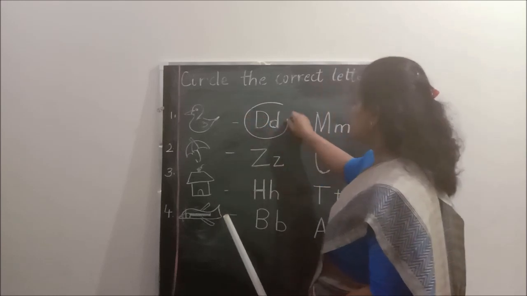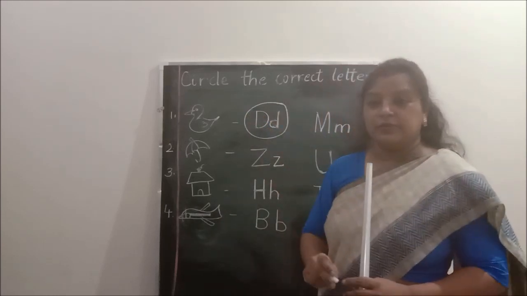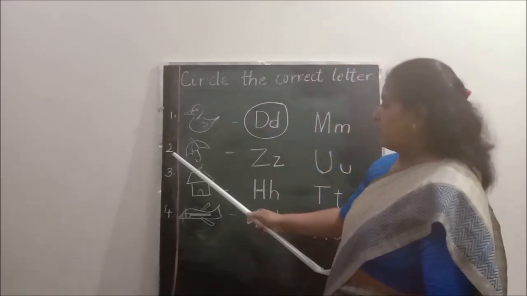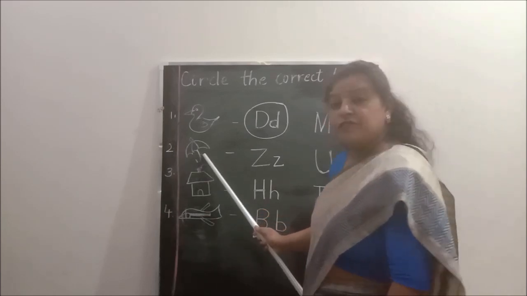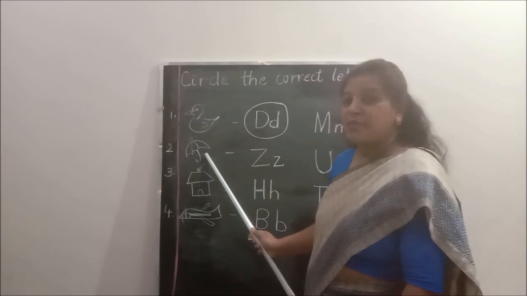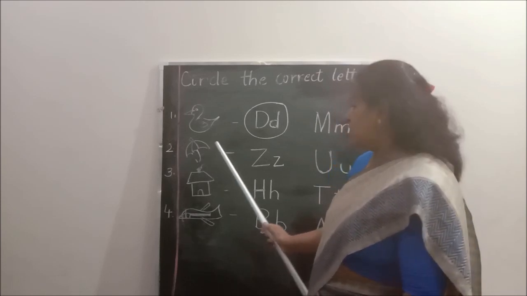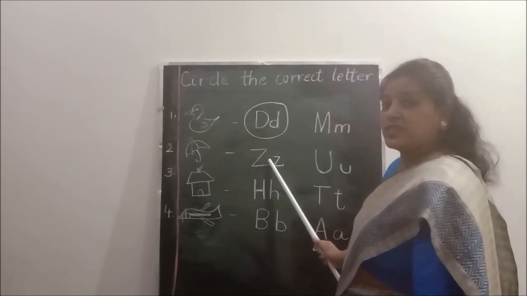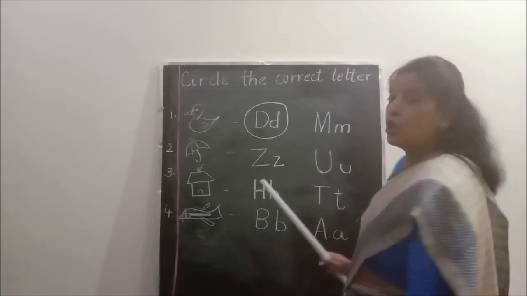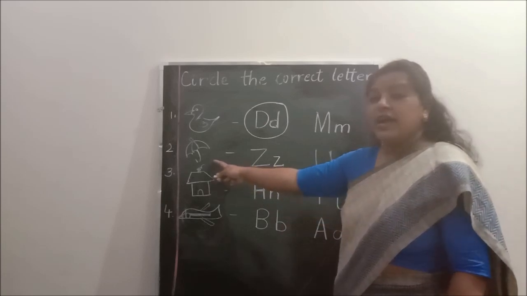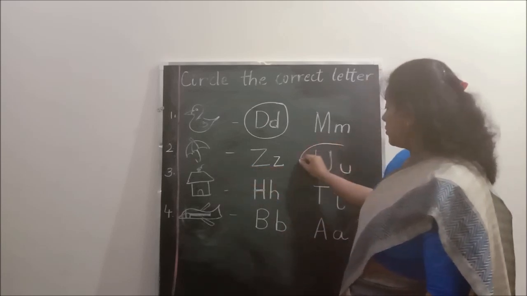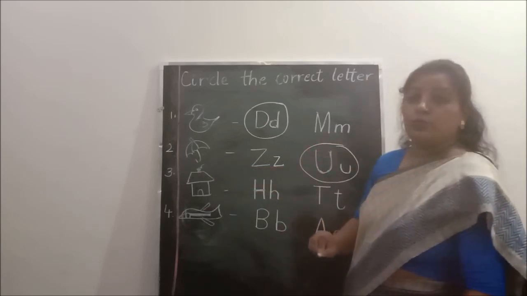So I am going to circle the D. Clear? Come to the next picture. Next picture is of an umbrella. Very good. So here 2 letters are given, Z and U. Which letter is correct? U for umbrella. So we are going to circle U.